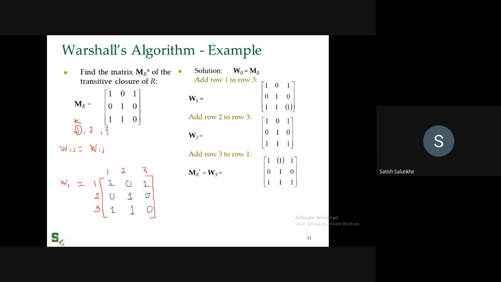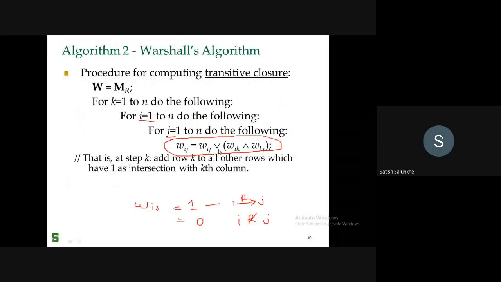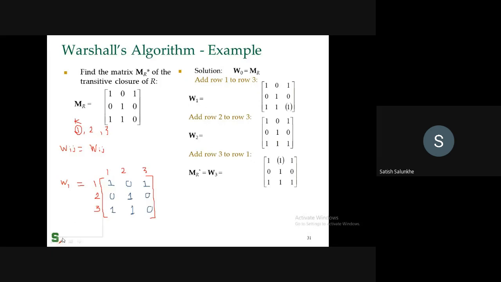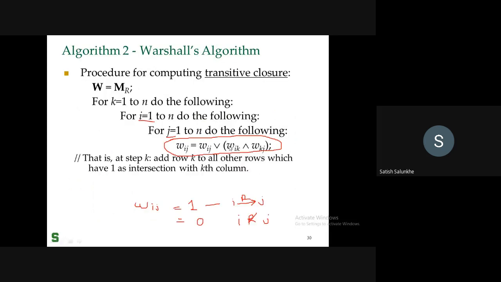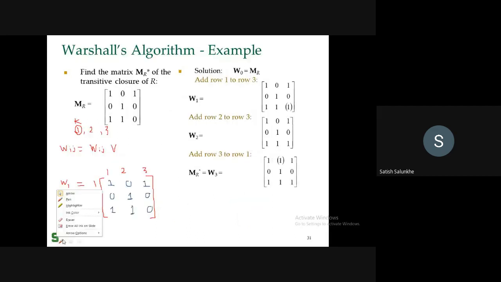And the updation formula is what? Your original wij, or, this is a Boolean operation, or wik and wkj. Wik and wkj.